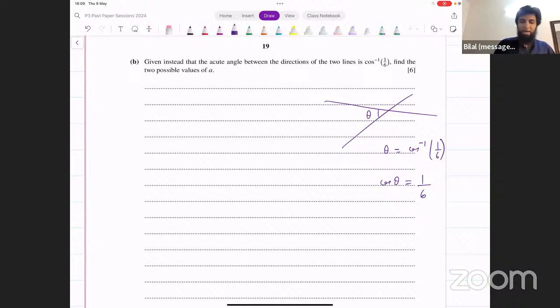And now we use the angle formula. What's the angle formula? A dot B divided by modulus of A into modulus of B. Cos theta equals this thing. Acute angle between the direction of the two lines. That is this. Okay. Now, what are the directions of the two lines?